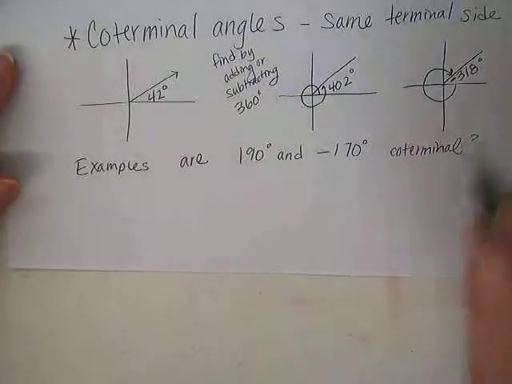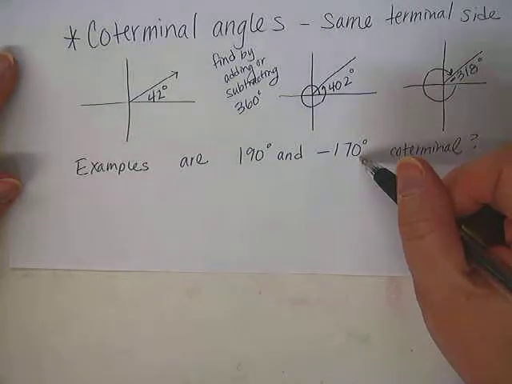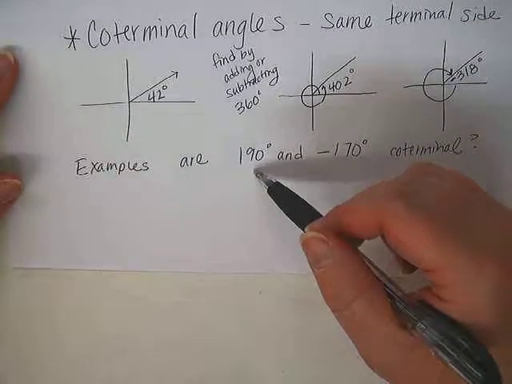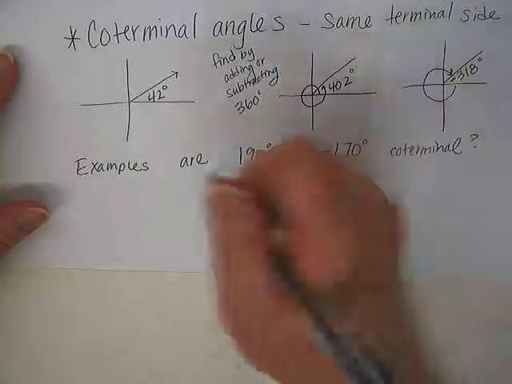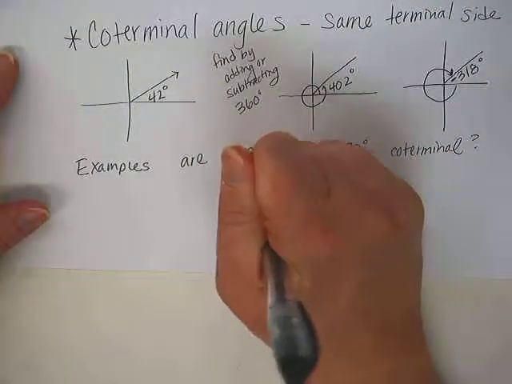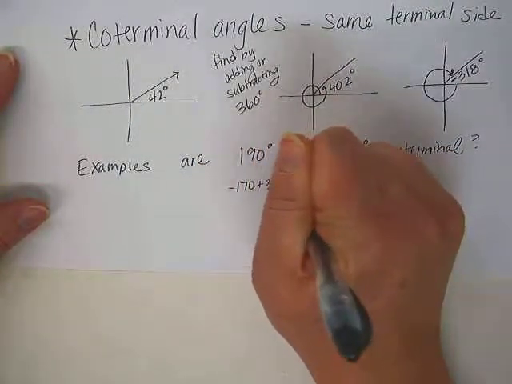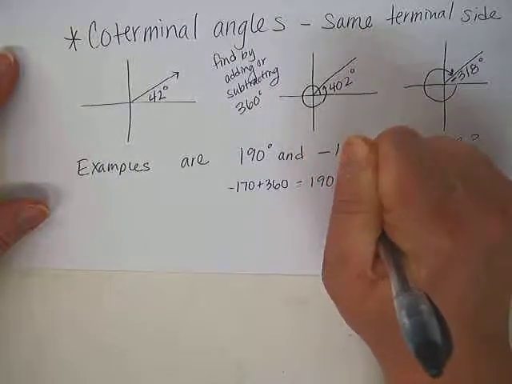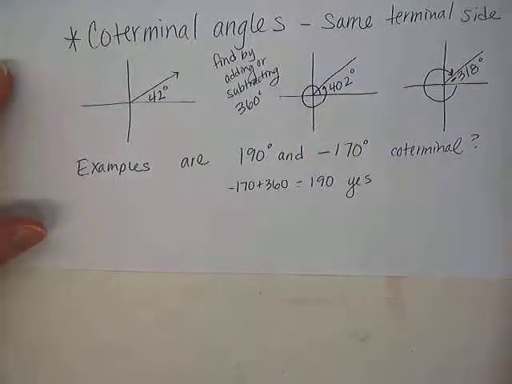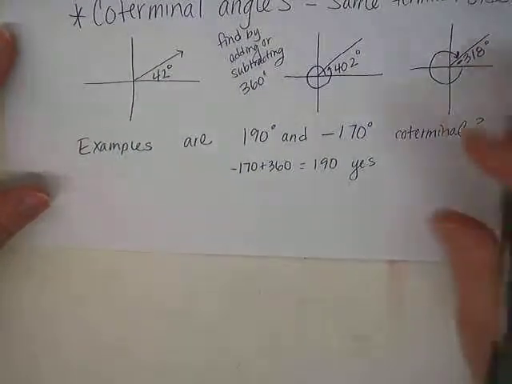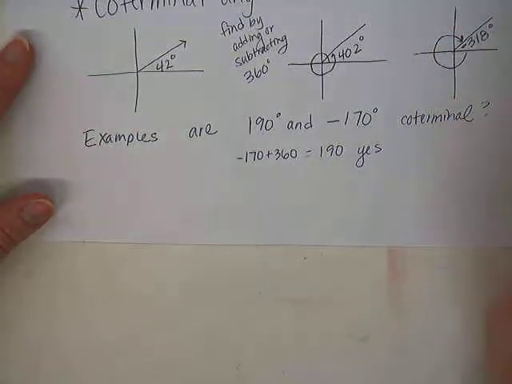Yes, it is. There's a couple of different ways you could figure it out. You could just take 360 and add it to negative 170 and see if you get 190. So if we go negative 170 plus 360 and that gives us 190, then the answer is yes. Is that true? Yeah. Okay.